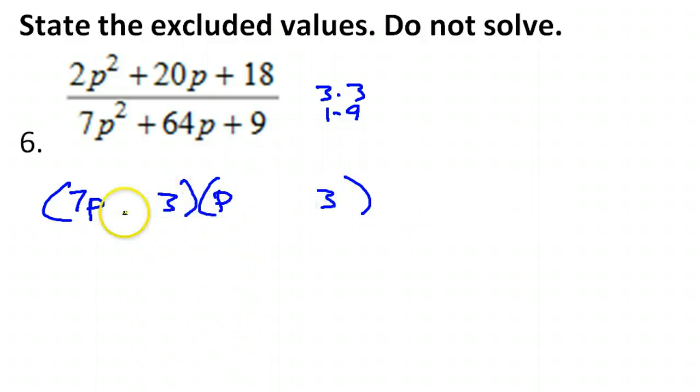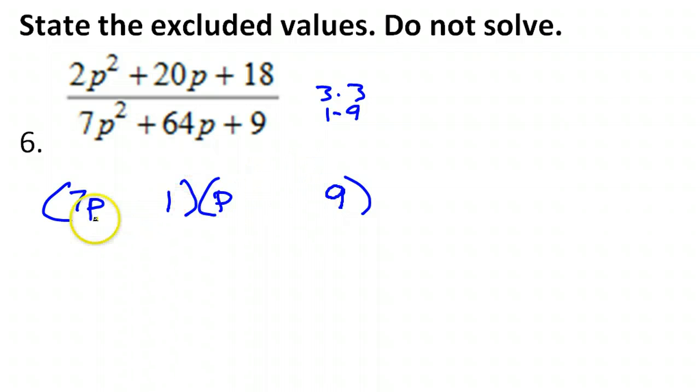Inner plus outer has to equal middle. Inner, I have 3p. Outer, I have 21p. Can we get a 64 out of that? No. So we have to change something. Better get to the 1 times 9 scenario. What if I do 1 and 9 like this?